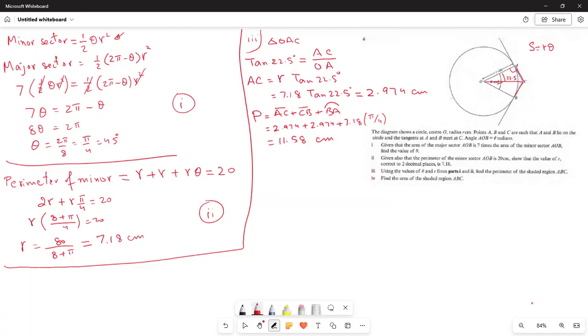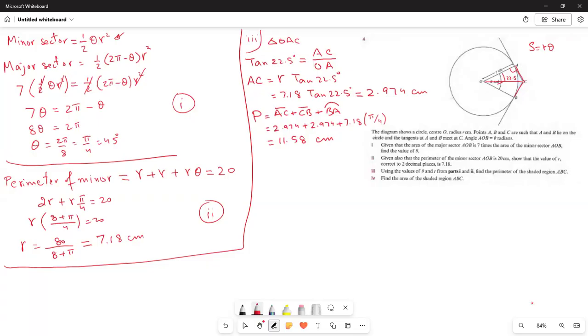It is 2 times 2.974 plus 7.18 into pi by 4. So yes, 11.58. That's what I am getting, but I don't find it.